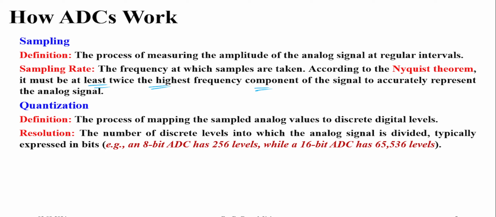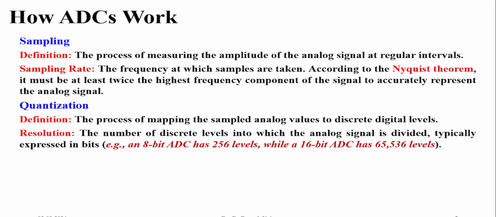This is what the Nyquist theorem says: the sampling rate must be at least twice the highest frequency component of a signal to accurately represent or regenerate the analog signal.